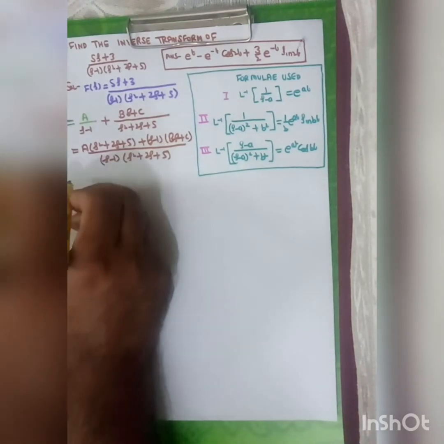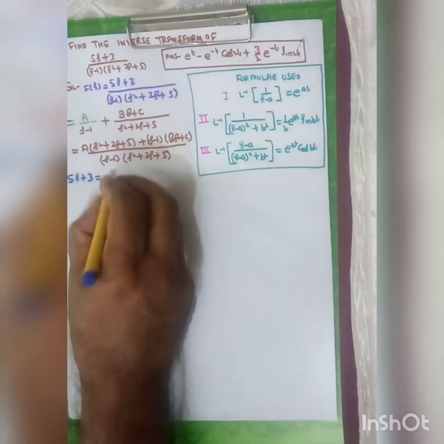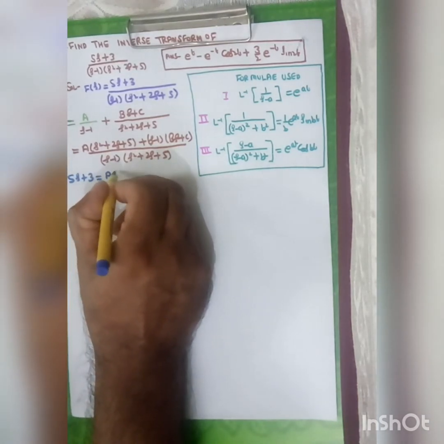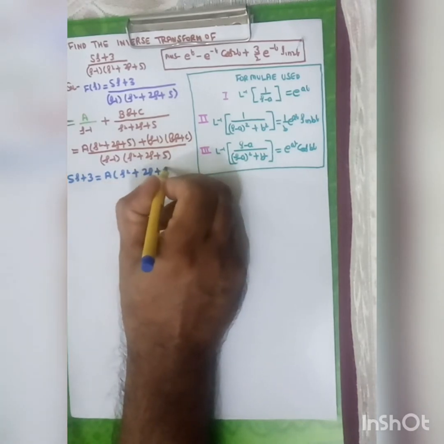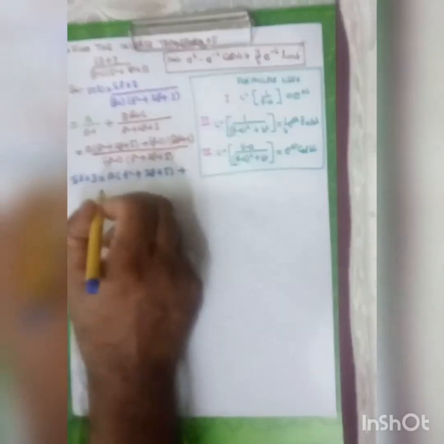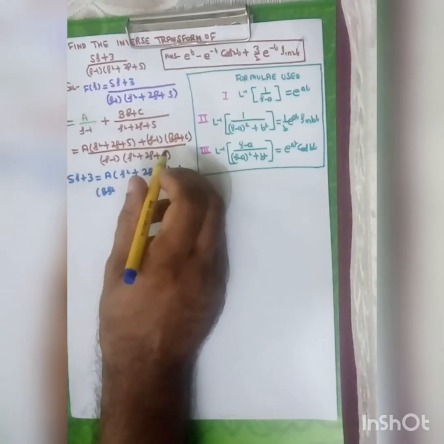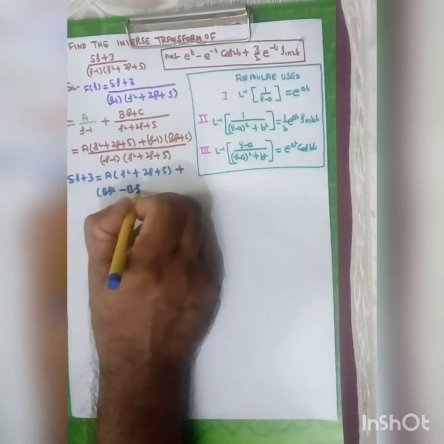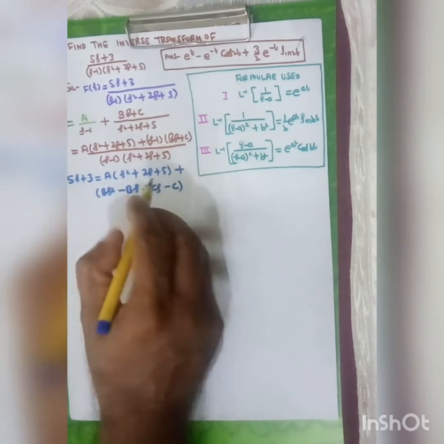So we can write 5s + 3 is equal to A multiplied by (s square + 2s + 5) plus Bs square minus Bs plus Cs minus C.